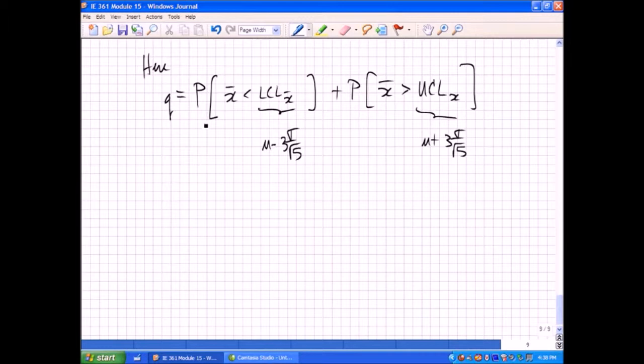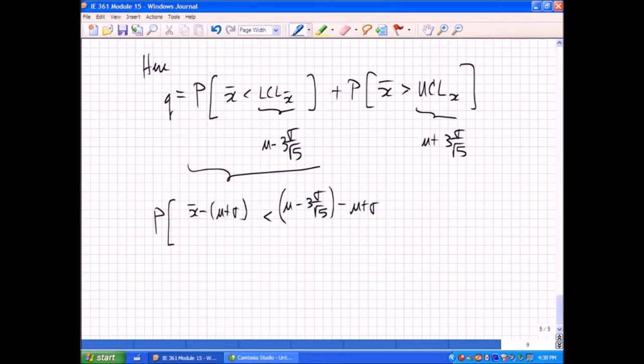So, for example, this guy right here is the probability that x bar minus mu plus sigma is less than mu minus 3 sigma over square root of 5, that minus mu plus sigma. So I've subtracted a mean. I'll now divide by the standard deviation for x bar, which is sigma over the square root of 5.